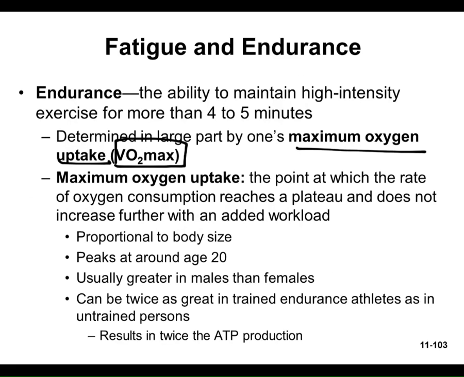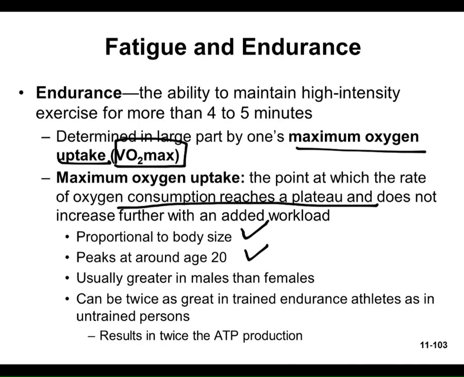So your maximum oxygen uptake is the point at which your oxygen consumption reaches a plateau and does not increase, and this is going to be proportional to your body size. When we do the respiratory system, second or third lab from the end, you'll all be measuring your normal lung capacity. And what you'll see there is that as you age, the expected lung capacity goes down, and that your lung capacity is maximum at around age 20.